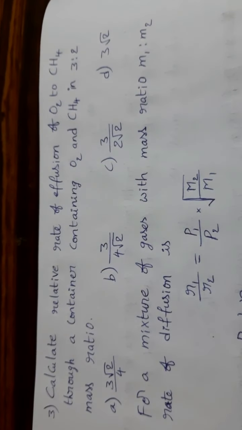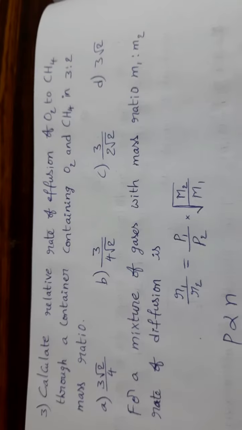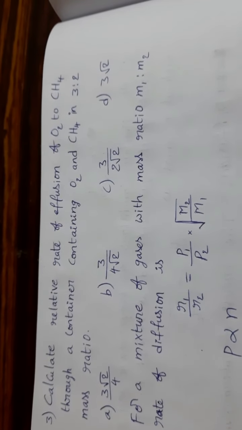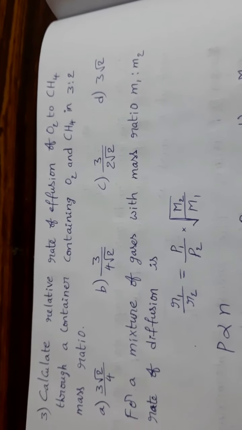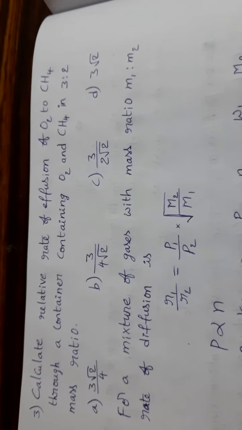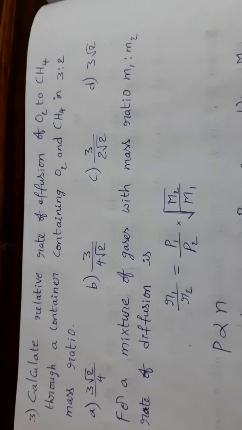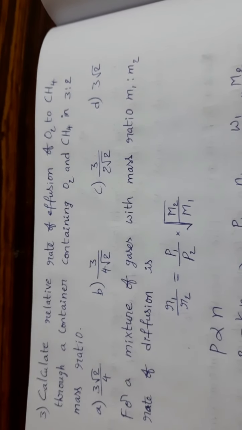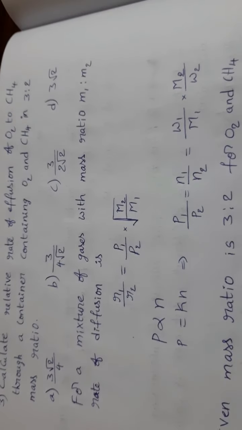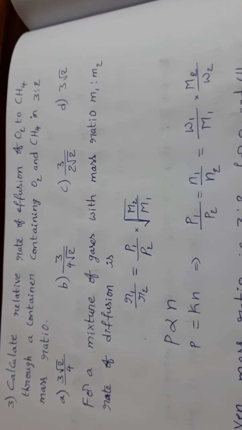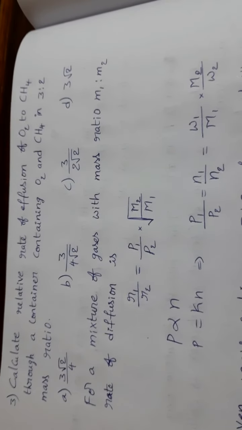So for a mixture of gases with mass ratio M1 is to M2, rate of diffusion R1 by R2 equal to P1 by P2 into square root of M2 by M1. Here P1 and P2 are the pressures of the gases. Already we know that pressure is directly proportional to number of moles. Number of moles increases, pressure of the gas also increases.